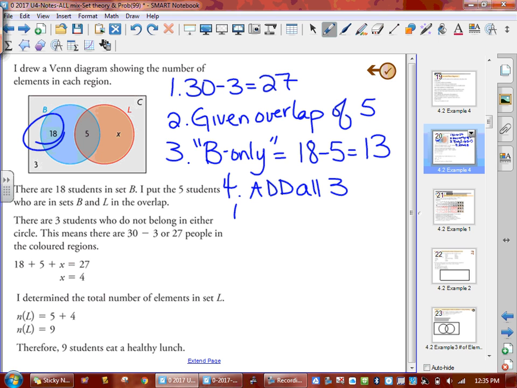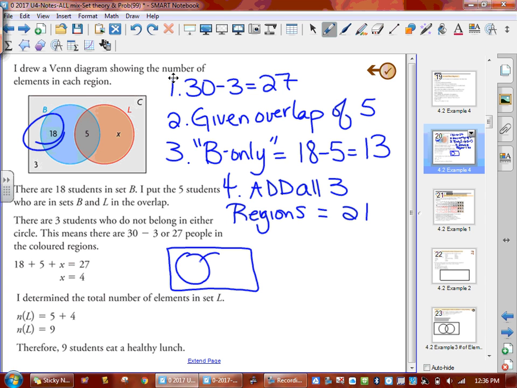We've got B, breakfast, lunch, there's the class, we have an outlier of 3. So region 1, 2, 3. We don't know what this is, I'm going to call it W, but the question's asking how many have a healthy lunch. So we want this entire circle to be found.